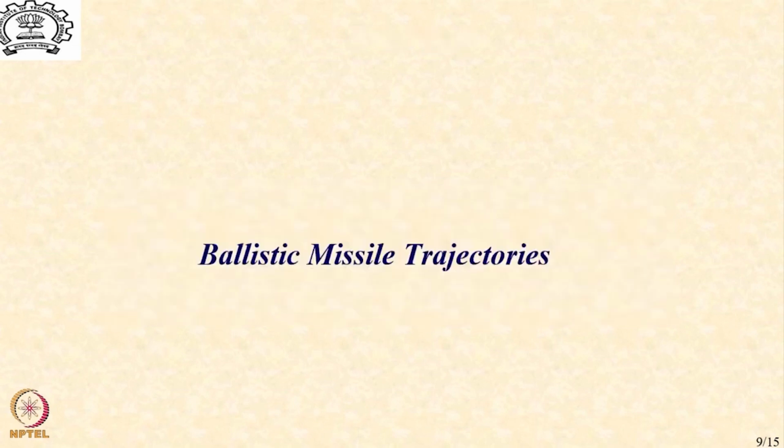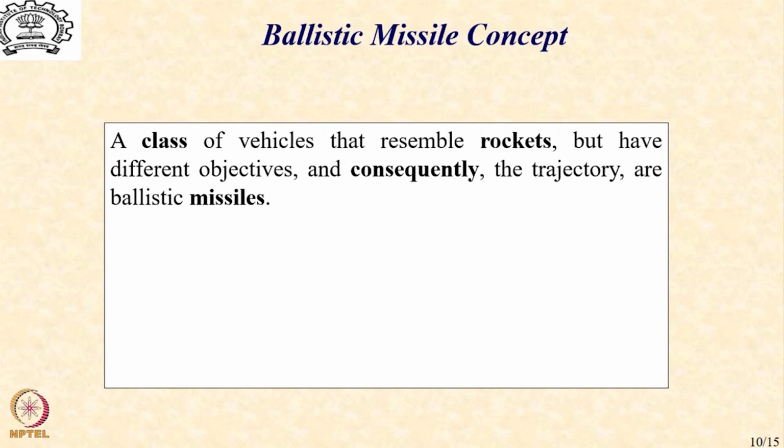Let us now take the next topic of special interest, that is ballistic missile trajectories. Ballistic missiles are those class of space vehicles that generally resemble rockets from an external perspective, but have different objectives and consequently the trajectory.